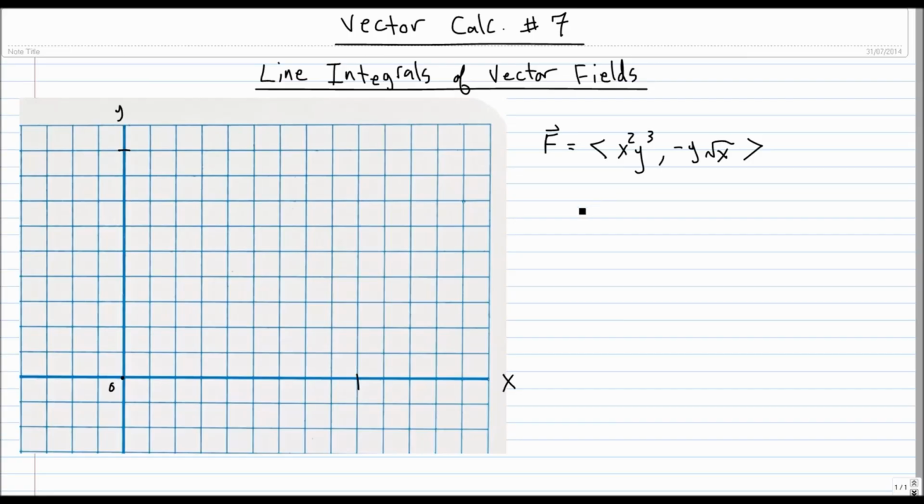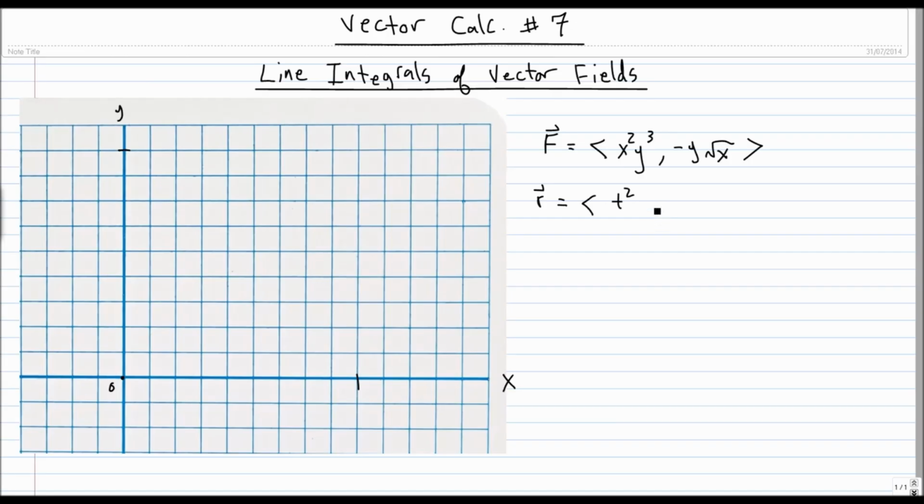Now I want to discuss the path that the particle takes in the animation that I showed you. So this is why I spent a few videos talking about parametric equations of lines and surfaces, because now we're actually going to use them. So we have a vector field, and when you're computing line integrals of vector fields, the line or the path that the particle moves across would be given to you, or you would have to find it as a parametric equation.